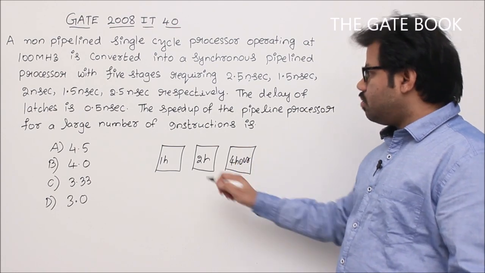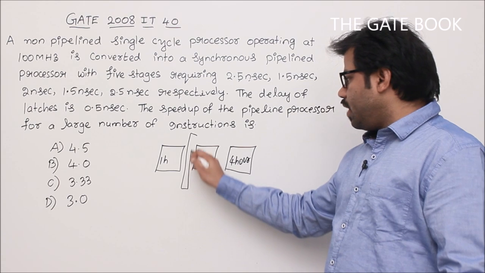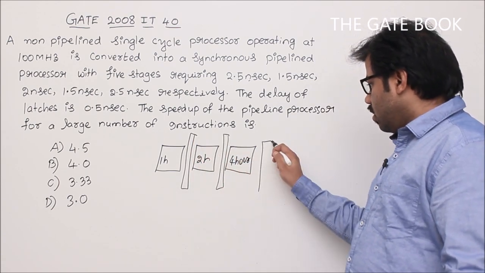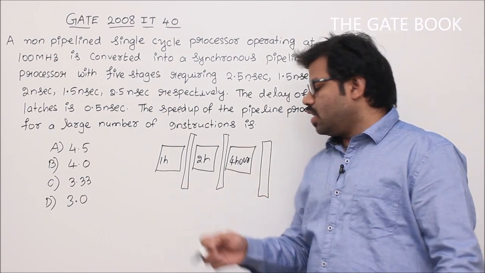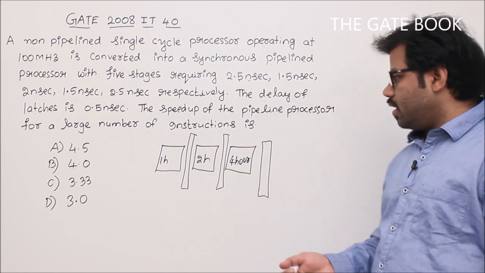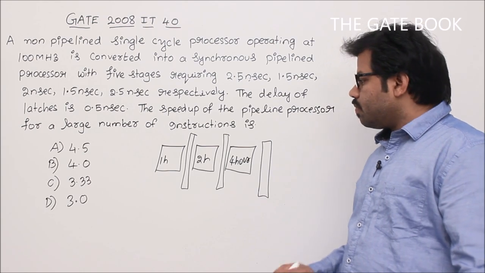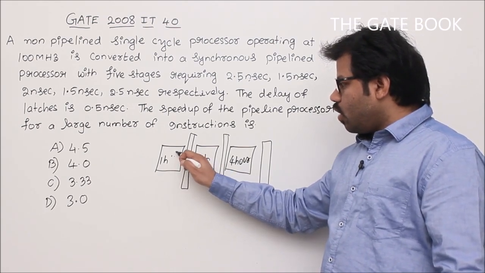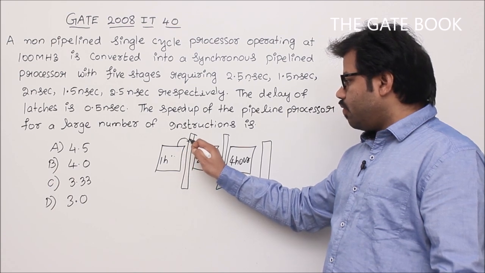In synchronous pipelines there will be a buffer between the stages, as we have discussed in our sessions. This stage will work and produce the output, and that will be transferred to the buffer.